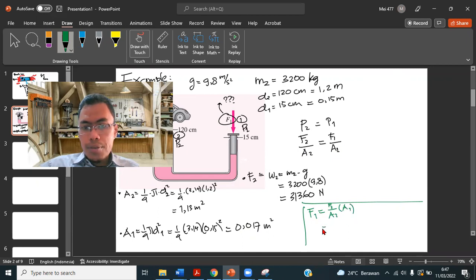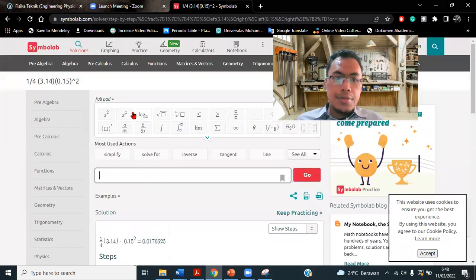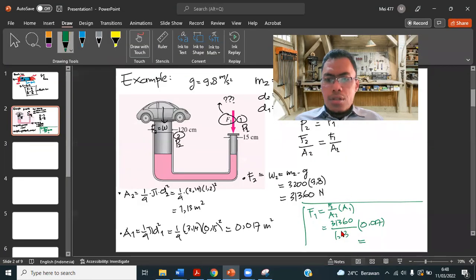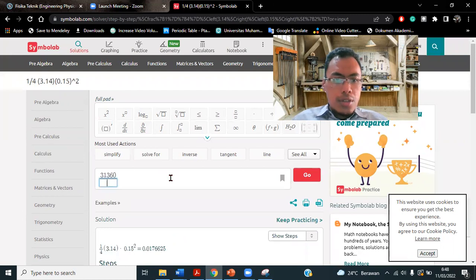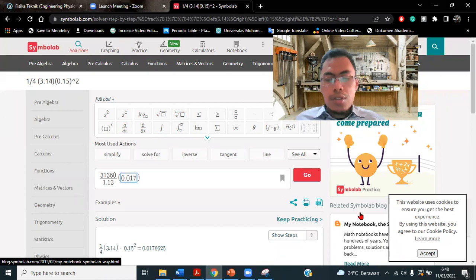F2 is 31,360 divided by A2, which is 1.13, times A1, which is 0.017.